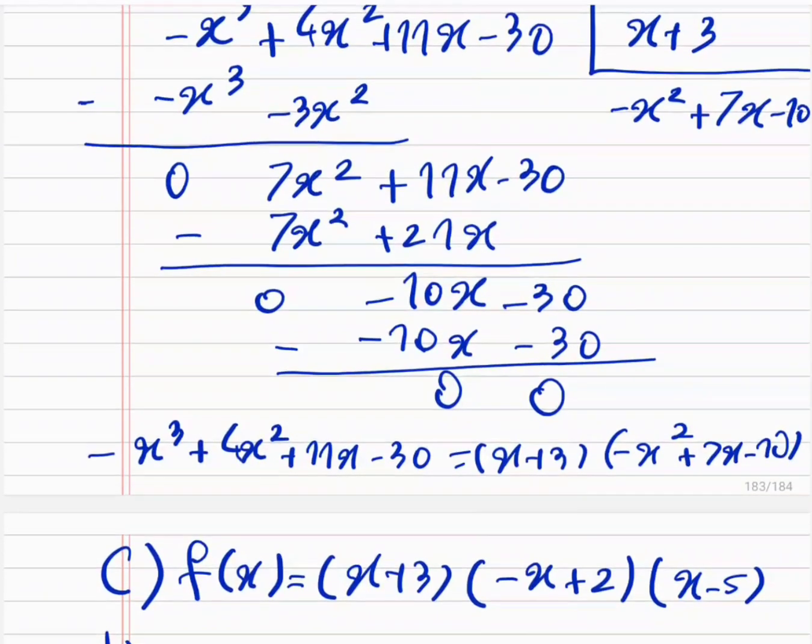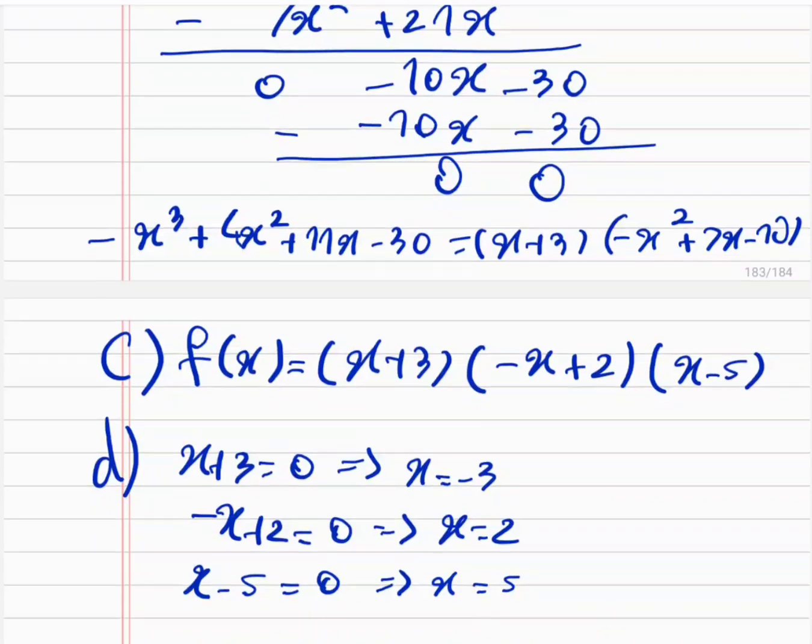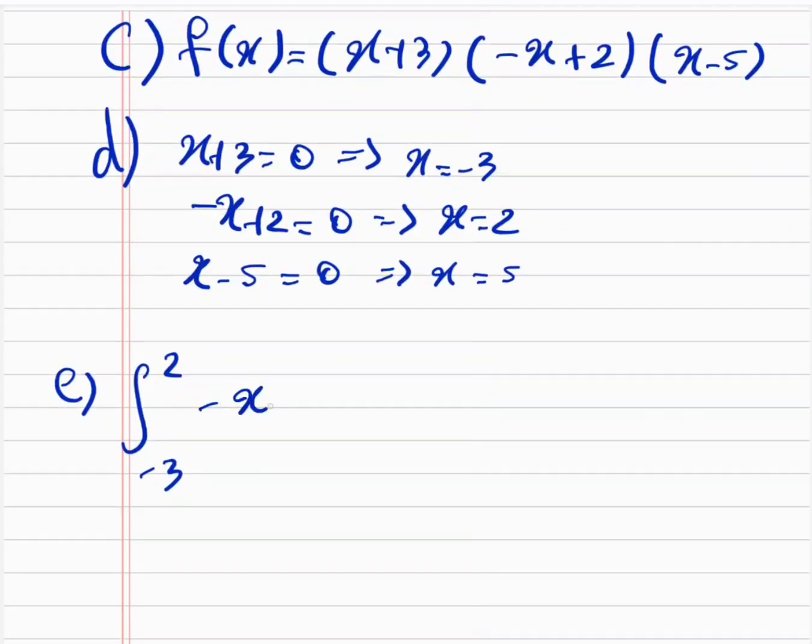And we write down, essentially we have minus x cubed plus 4x squared plus 11x minus 30 dx.